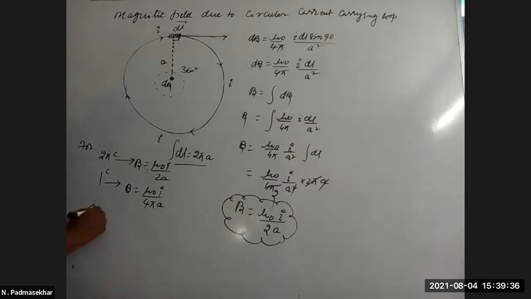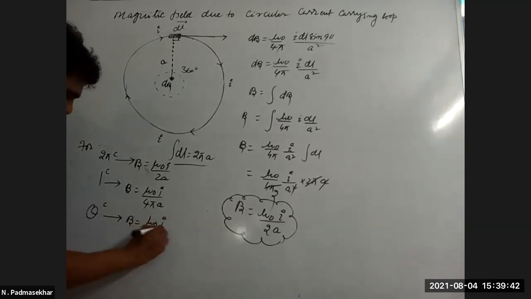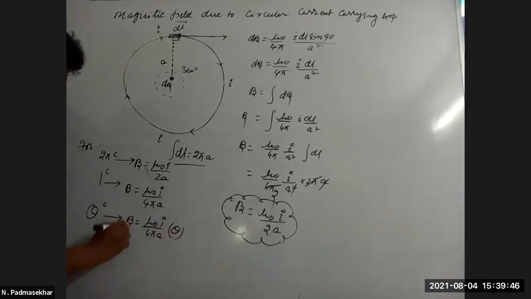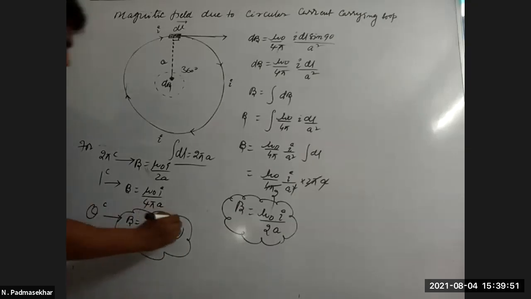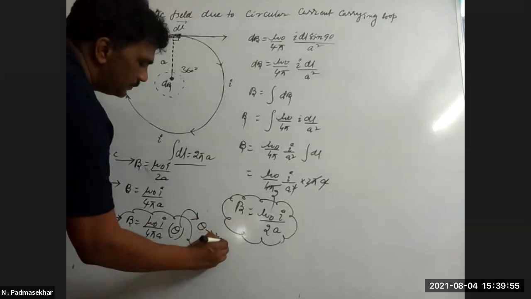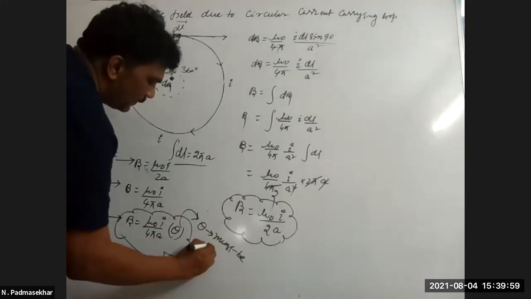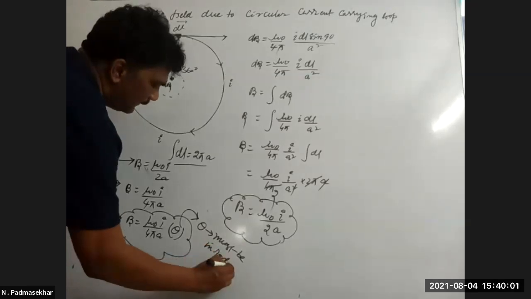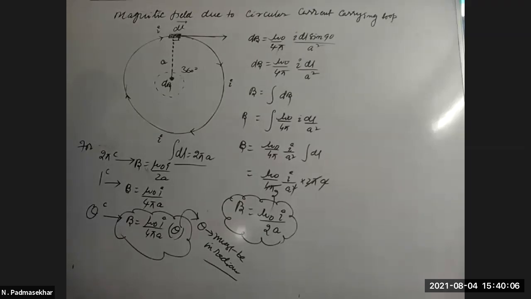Suppose theta radian, B is equal to mu naught I by 4 pi a into theta. This theta must be in radian.